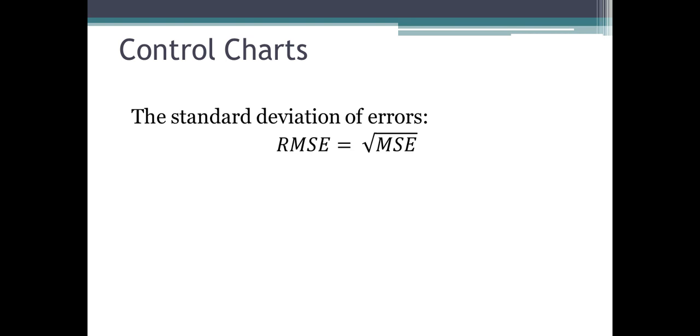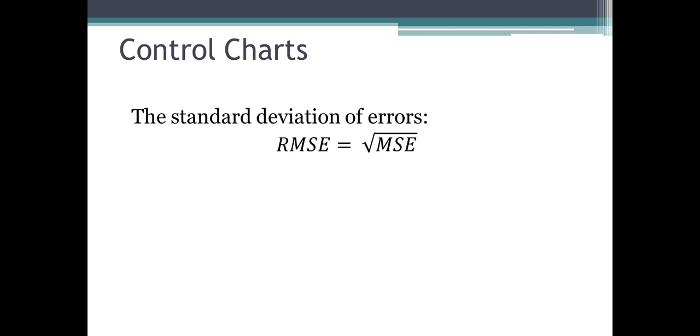Sometimes your control chart's upper and lower limits will be suggested by the context. Your boss or your client will say, in forecasting, we do not want to make an error of more than this much. That will be your upper and lower control limits for drawing your chart.